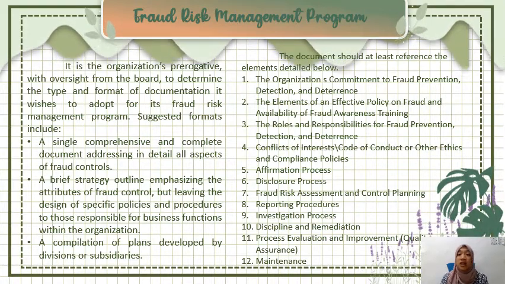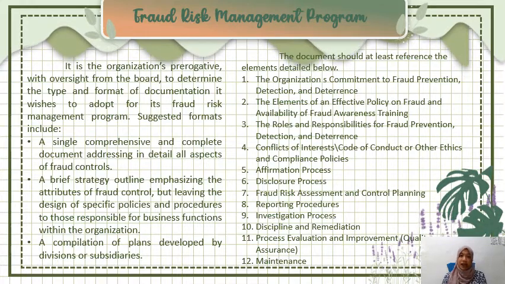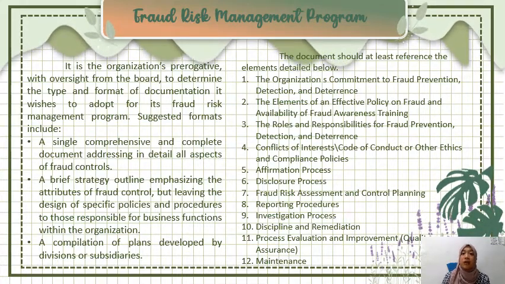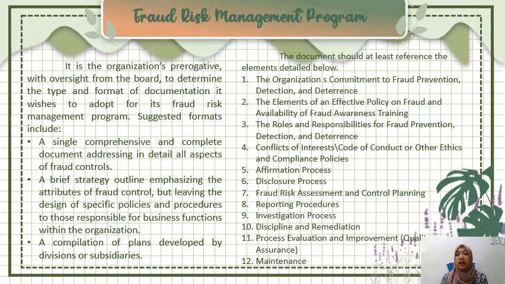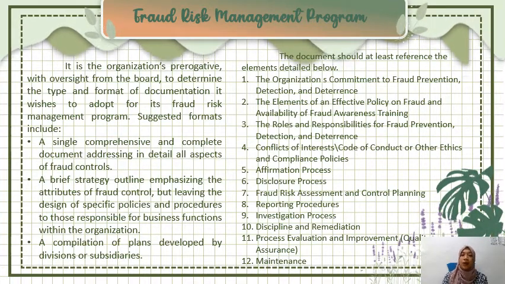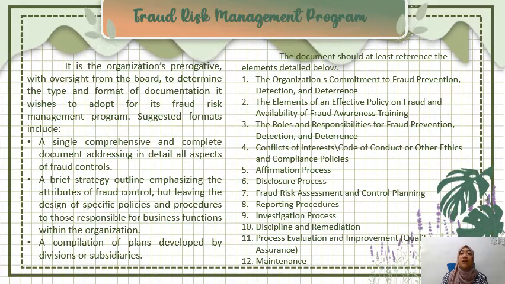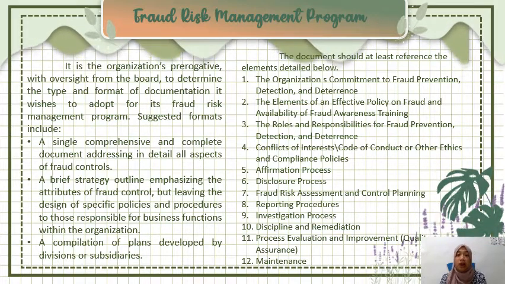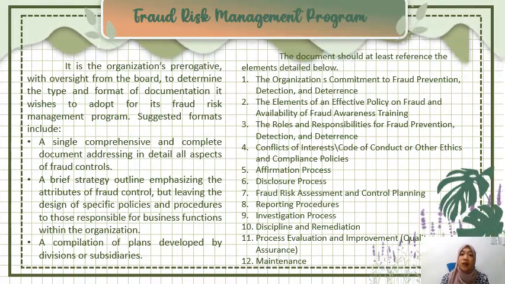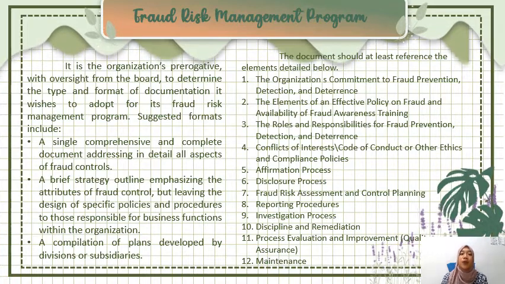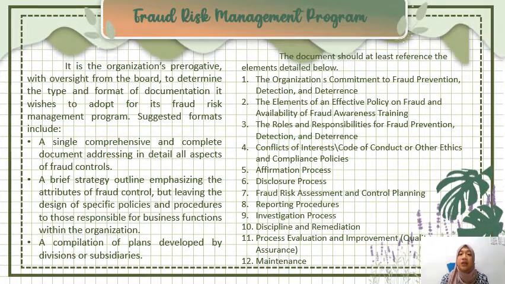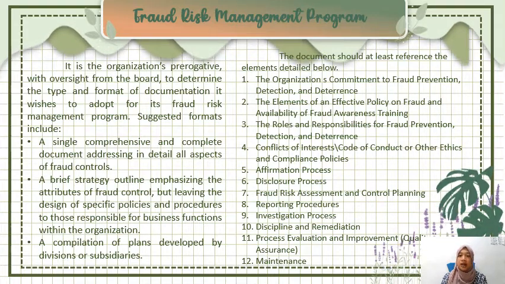So first in line is the organization's commitment to fraud prevention, detection, and correction or deterrence. The elements of an effective policy on fraud and availability of fraud awareness training. The roles and responsibilities for fraud prevention, detection, and deterrence.